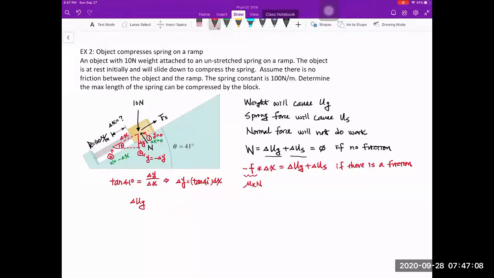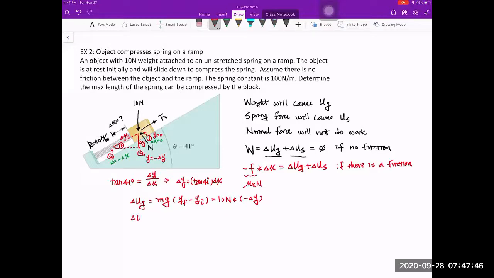All right, so let's look at the potential first. That is going to be mass times gravitational constant multiplied with the change of y, which is y final minus y initial, and that is 10 Newton, which is the mass times the gravitational constant, multiplied with the final y sub 2, negative change of y, minus 0.